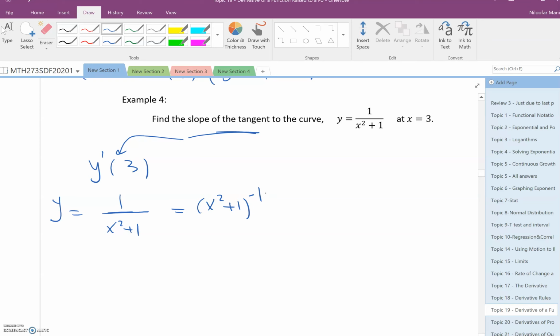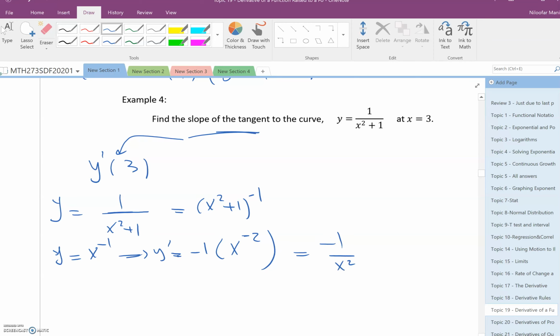So it's like u to the power minus 1. I know if I have y equal x to the power minus 1, y prime is minus 1 x to the power minus 2, which is minus 1 over x squared.